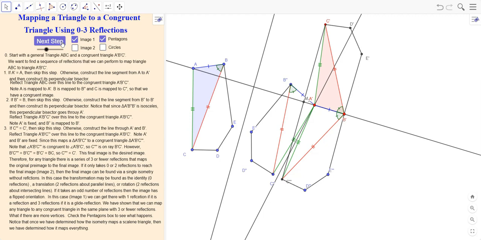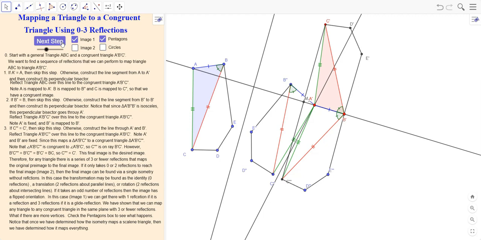If we can take any triangle, particularly a scalene triangle, and see what series of reflections, either 0, 1, 2, or 3 reflections, or one single isometry, gets you to the image, then the same thing will work for all the other vertices. It completely tells you how that isometry or that series of reflections, either way you look at it, maps the entire plane. So you really only need to keep track of 3 points.